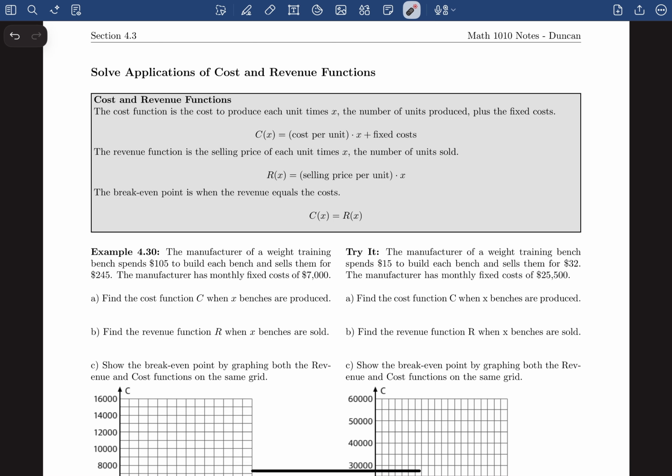So let's make this easy and think about cookies. So the revenue function R of X is equal to the selling price per unit. So how much are you selling the cookie for? Times the amount of cookies sold, right?